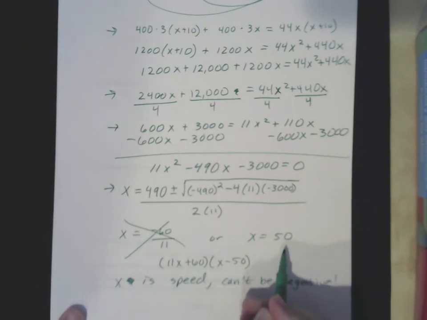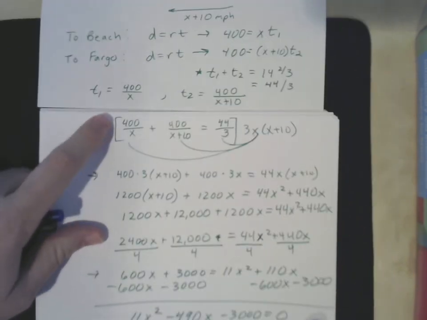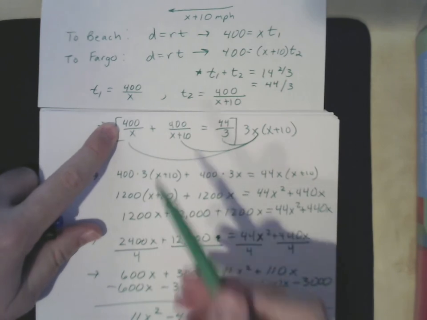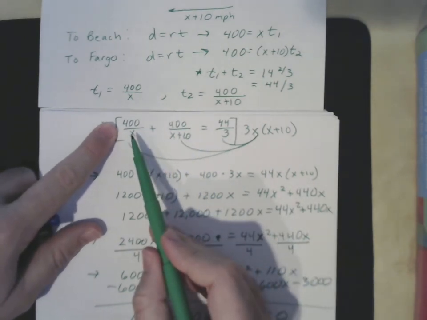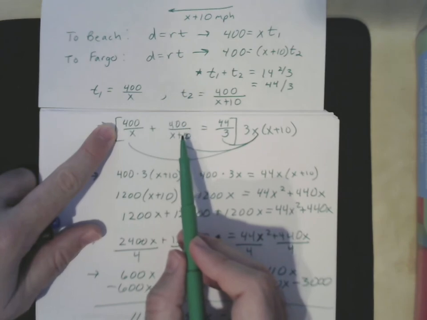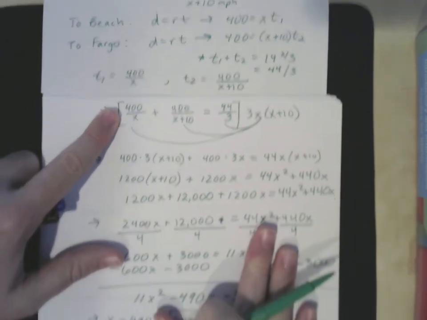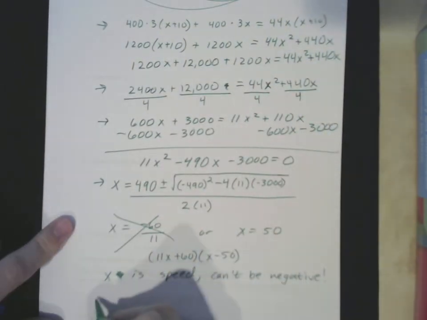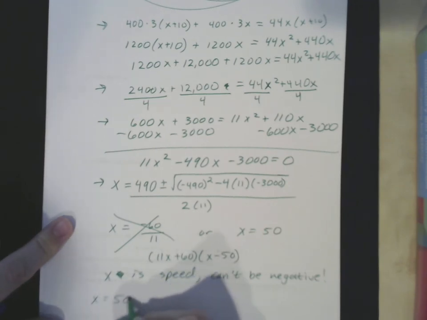So now we take our 50, we go back to the original, way up here, and we look just like we did in chapter 7. The only things we're not allowed to plug in are 0 and negative 10. 50 is not one of those, so x is going to equal 50 miles per hour.